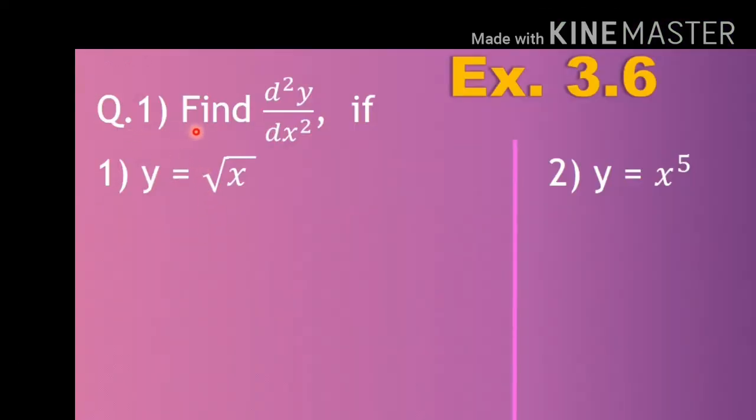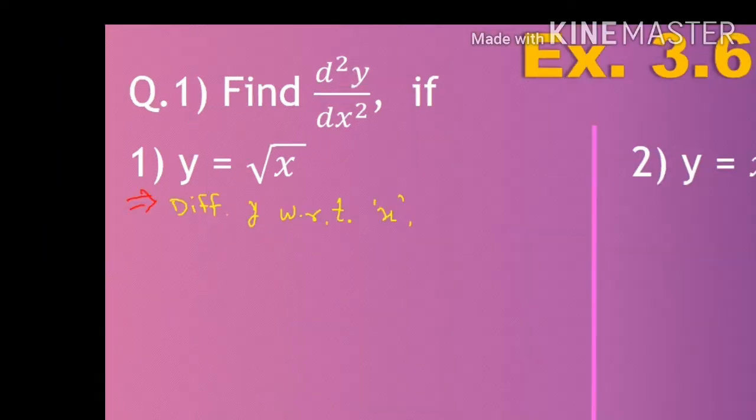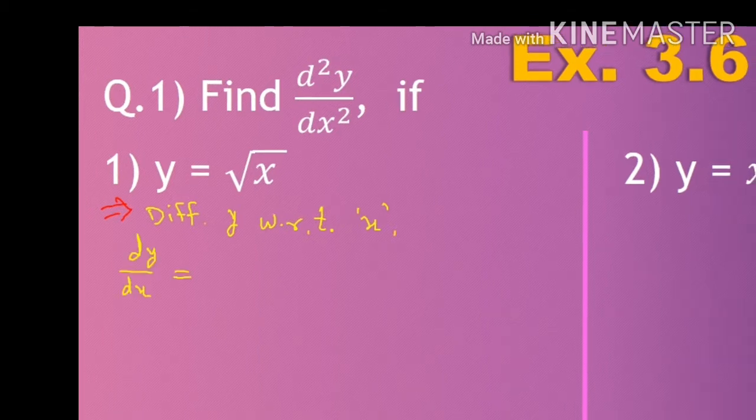So the first question is find d square y upon dx square if y is equal to root x. So first let us differentiate y with respect to x to find dy by dx. As you know, the derivative of root x is 1 upon 2 root x. Correct?